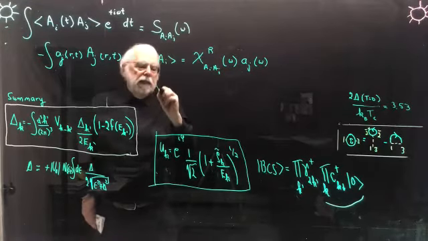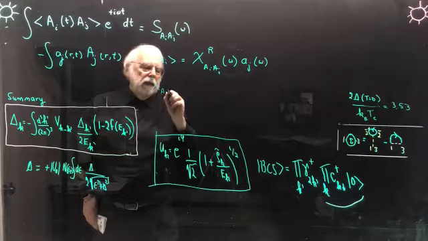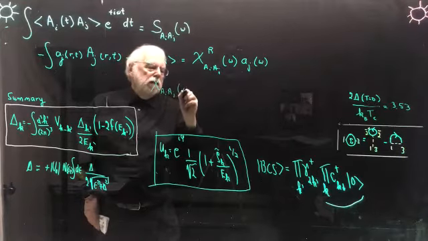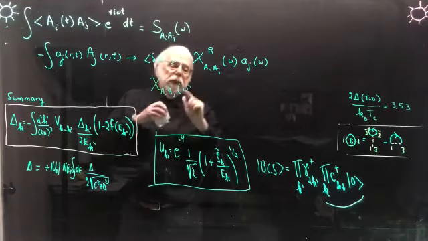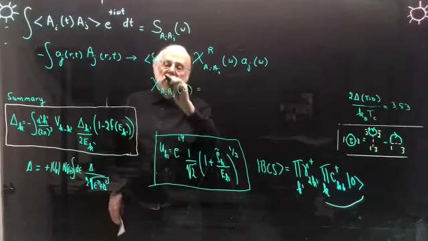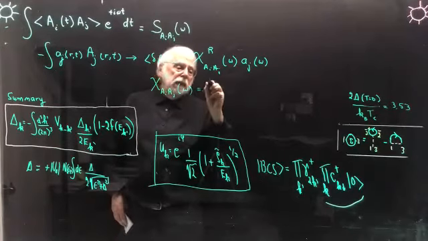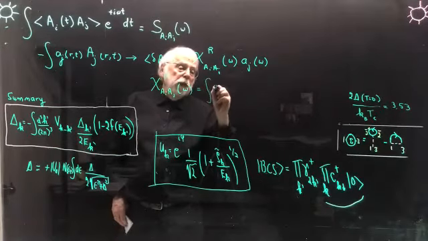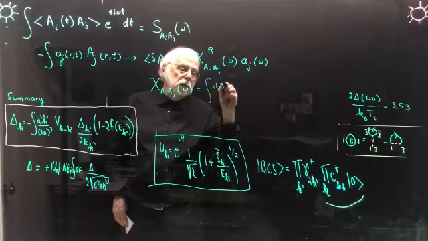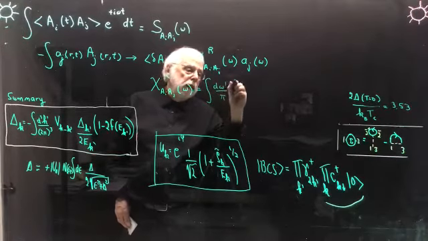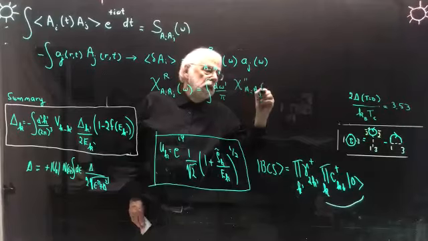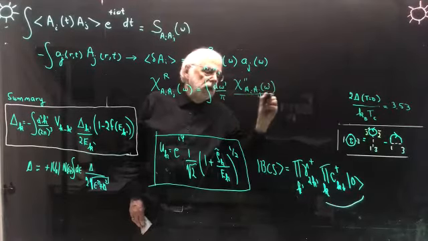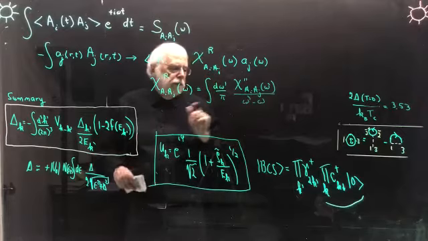So this chi_AiAj retarded of omega, because it's retarded, obeys the Kramers-Kronig relation: the integral of d omega prime over pi, chi double prime AiAj of omega prime divided by omega prime minus omega plus i eta.